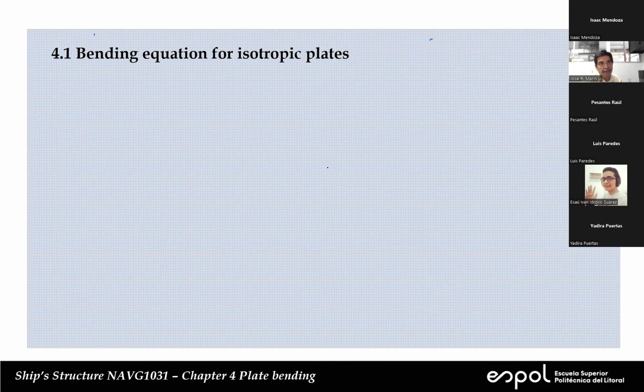So let's start by deducing the bending equation, okay? Now, let me write here, just for the sake of comparison, for the beam, what was the equilibrium beam equation?